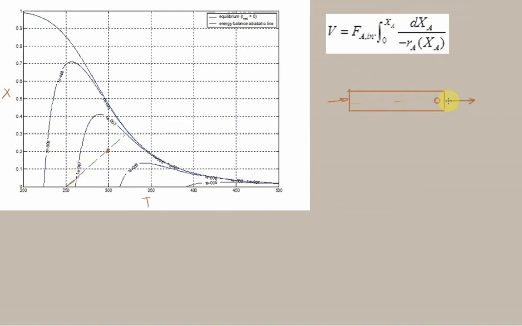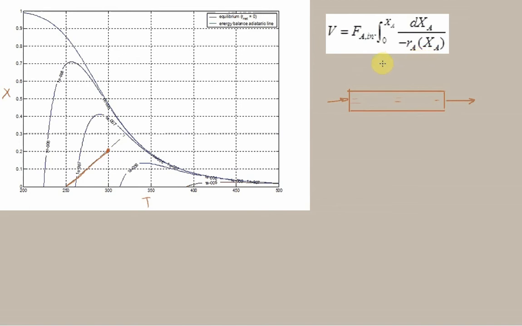And likewise, the conversions, we won't have the same concentration over the whole reactor. So in other words, we will have all those points along this line in that plug flow reactor. And that means we will have a variety of conversions here, and also the reaction rate is varying along this line. And we can see here that to get the volume, we have to integrate this function like so.